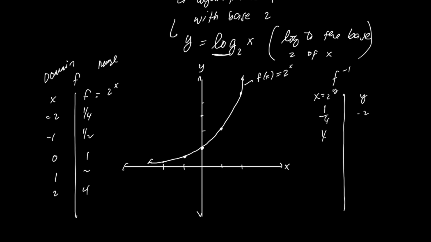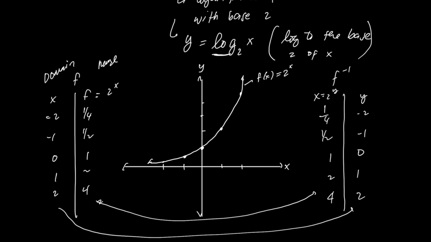If x is 1/2, our y is negative 1. If x is 1, our y is 0. If x is 2, our y is 1. And if x is 4, our y is 2. Okay? Take note of this. The range of the original function is the domain of the inverse, and the domain of the inverse function is the range of the original function.